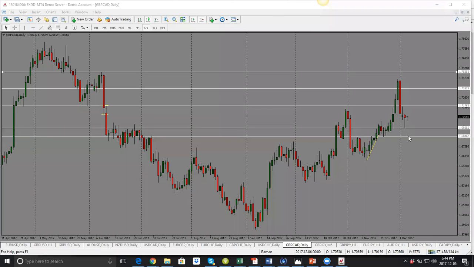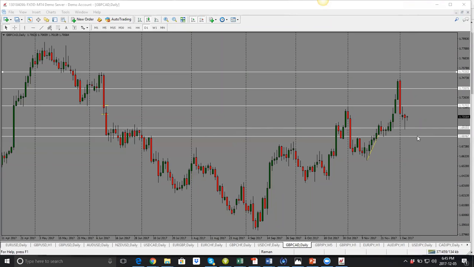Okay, so pound CAD. Pound CAD, again, just like all pound crosses, we had a nice drop and then a pullback. With this one, this again is bearish to neutral with the candle closing lower, which gives it the bearish bias, but the rejection here at previous support level, it's quite an important support level, makes it neutral because it has pushed up from there.